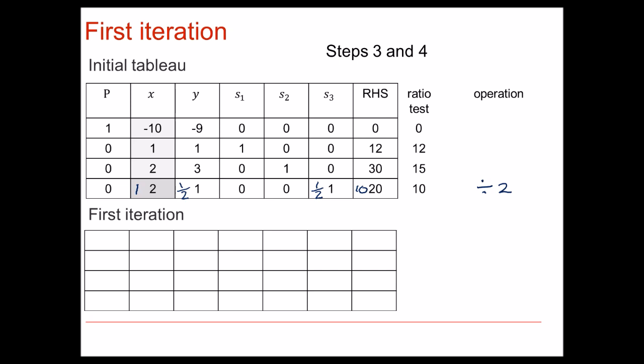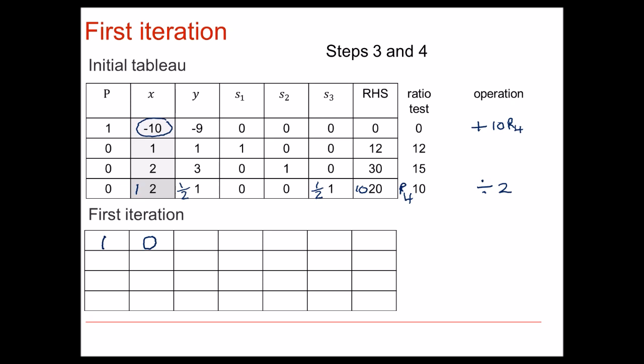So for this minus 10 to become a 0, we need to add 10 of what I'm going to call row 4. When I do that, I would have 1 plus 10 lots of 0 is 1. Minus 10 plus 10 will give me the 0 I want.